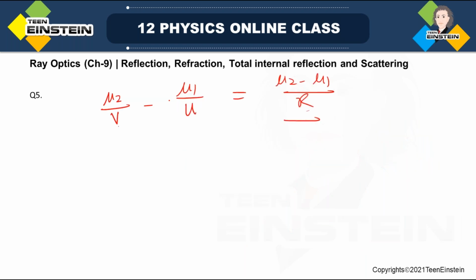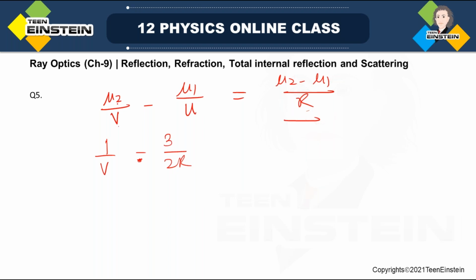So according to this, we can write 1 over v is minus 3 by 2 r, because mu1 for the glass is 1.5, so 3 by 2.